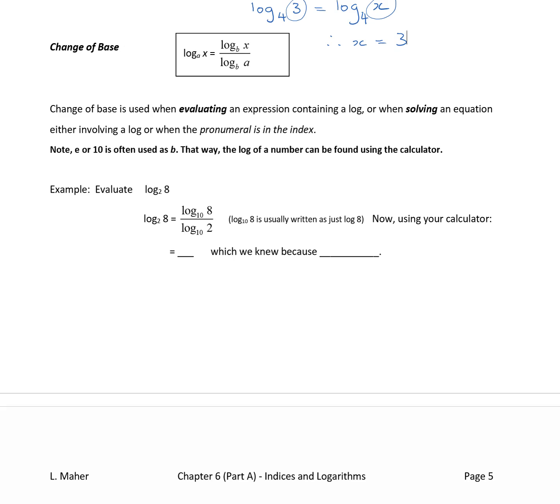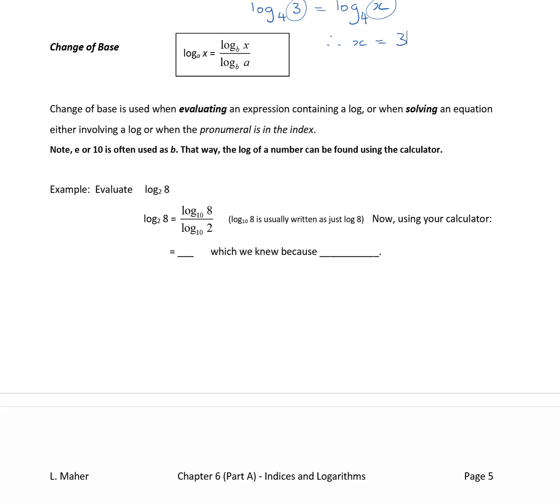We can use this other rule in order to change the base, because what this change of base rule allows us to do is change a base expression into our preferred base.